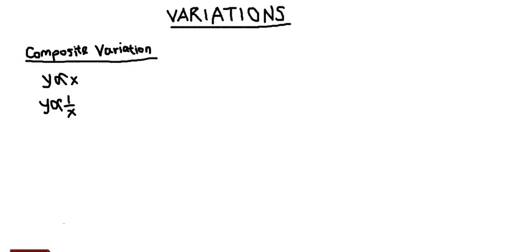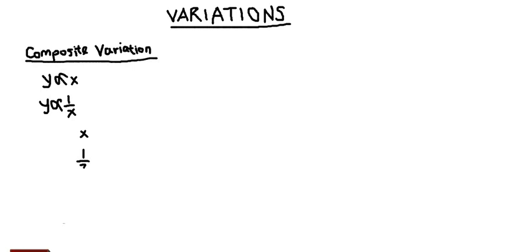So for composite variations or combined variations, we can have one variable which varies directly and another variable which varies inversely.